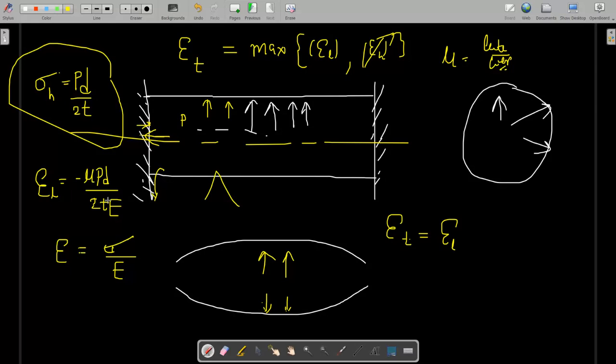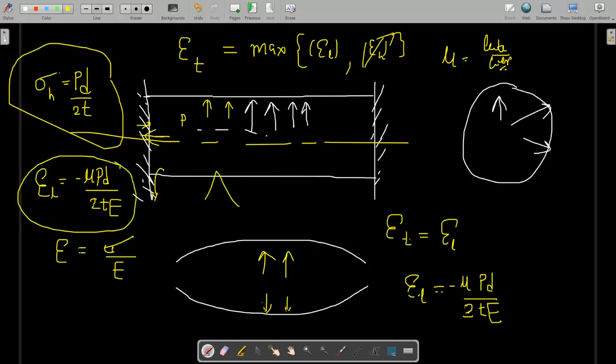So the strain in the longitudinal direction is minus mu times PD by 2 into t, where t is the thickness and E is the modulus of elasticity. Hope you understand what I have done here.